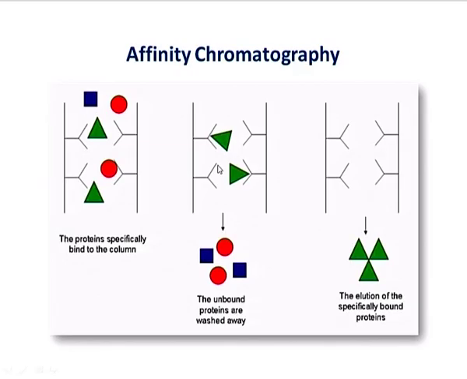And coming last is affinity chromatography. Affinity chromatography is something akin to the interaction of molecules like antigens with antibodies. So, let us take the same example. Let us believe this stationary phase contains some antigens shown by these structures here.